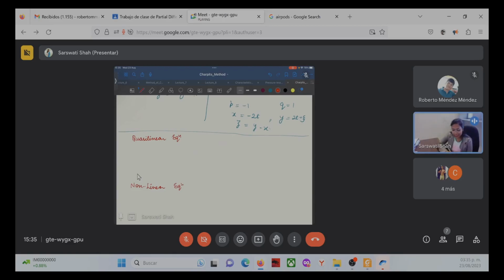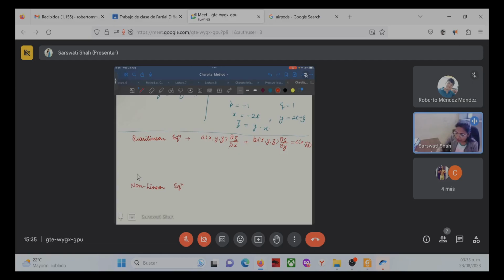Yeah, so quasi-linear and non-linear equation. That is a very important thing to understand: the difference between the method of characteristics for quasi-linear and for non-linear. We already know that the way to express the quasi-linear equation is this, equals C. You may turn off your camera so you will be able to hear it more clearly, because sometimes our camera takes a lot of internet.